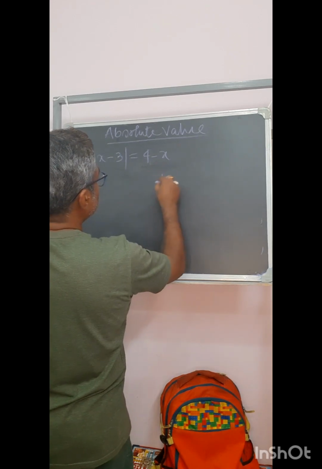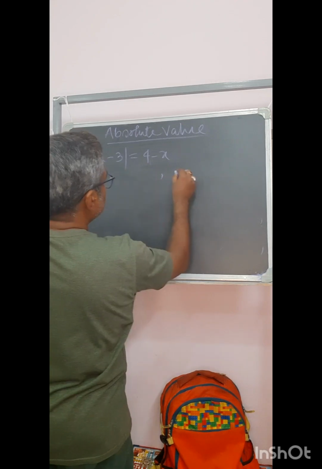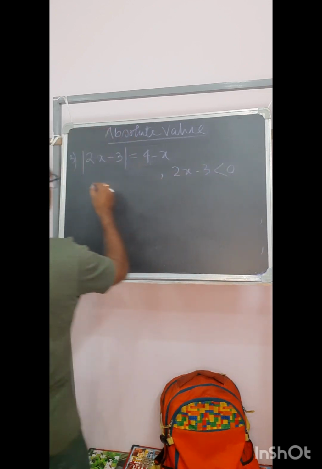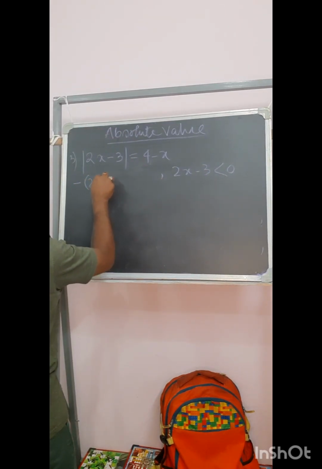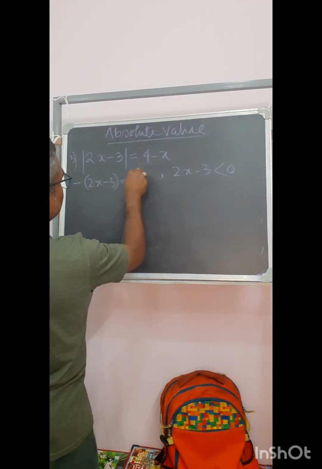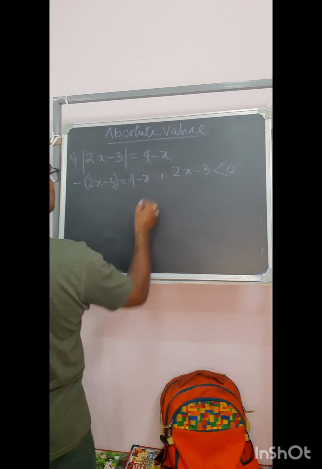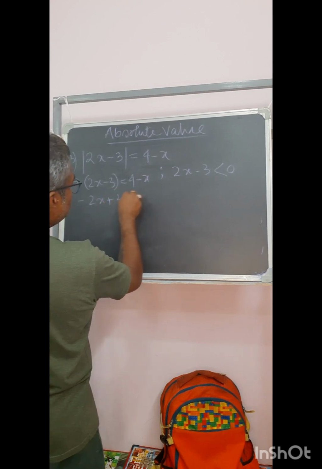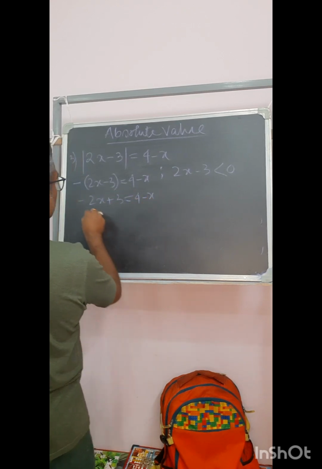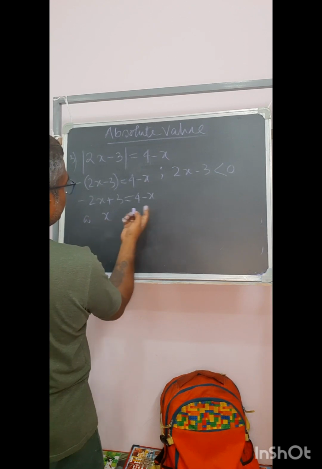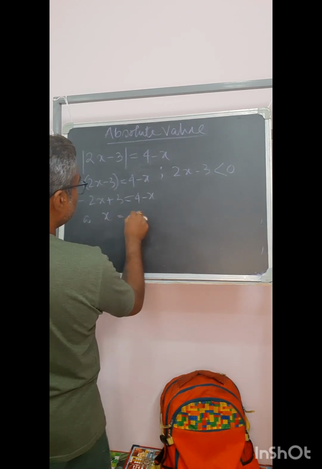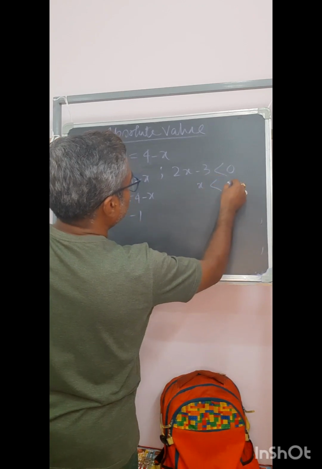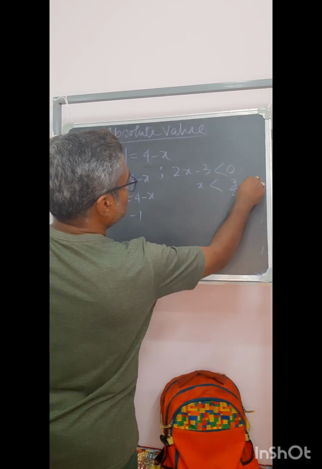The expression inside has to be less than 0, then we take minus 2x plus 3 is equal to 4 minus x. If I take this side, x is equal to minus 1, and if I consider the other one, x is equal to 3 by 2, that means 1.5.